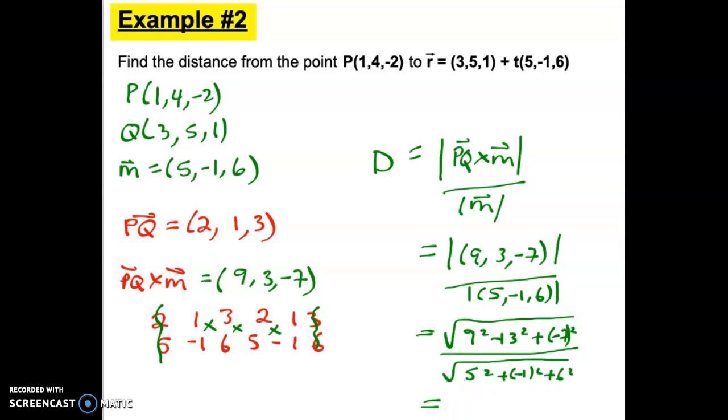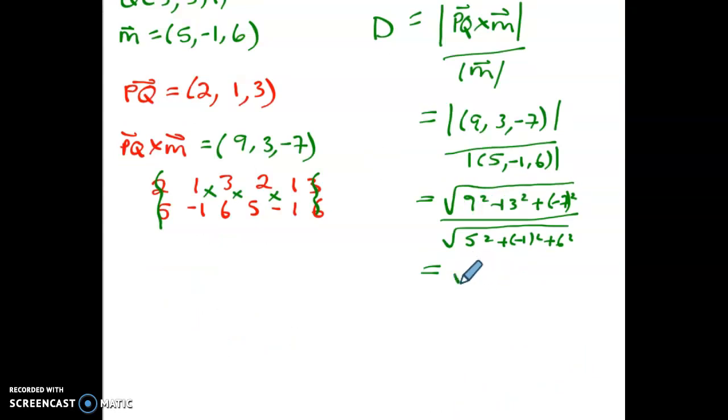And if we work this all out, we would get the square root of 139 over the square root of 62, which ends up just being the square root of 139 over 62. Okay, and there's our distance.